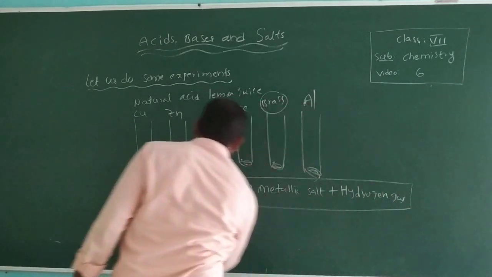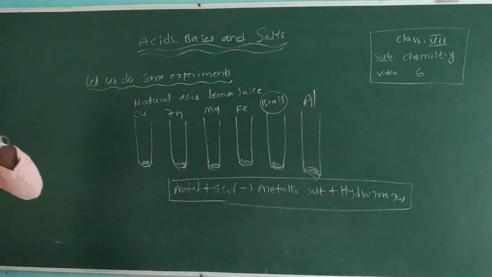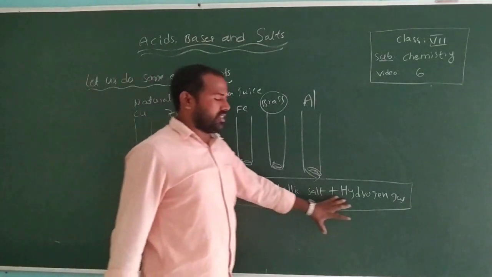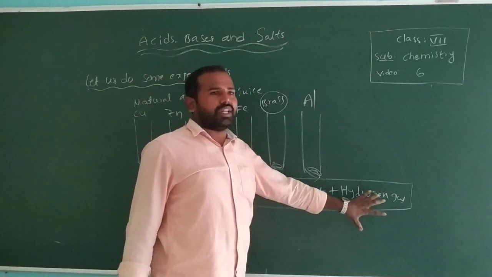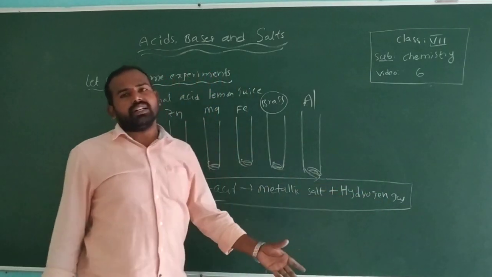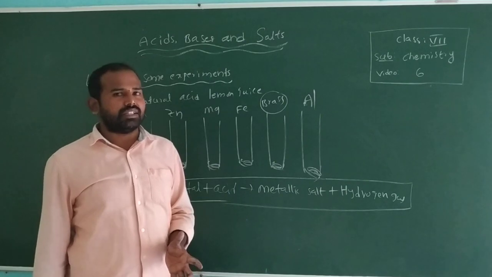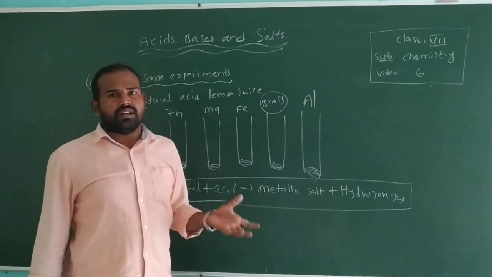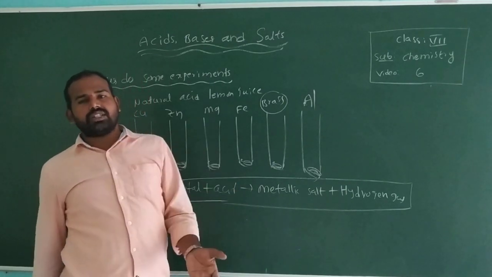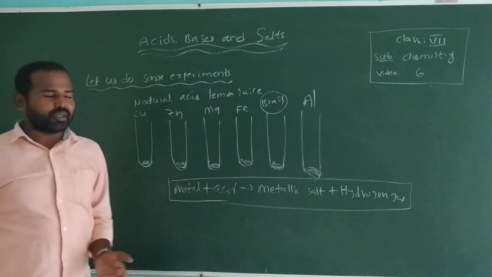Whenever metals are mixed into the acids, they form metallic salt and hydrogen gas. Some of the metals cannot form the hydrogen gas, so that you will learn in the next chapter. By the reactivity series we can decide that. So that will be discussed in the next chapter, that is types of chemical reactions.